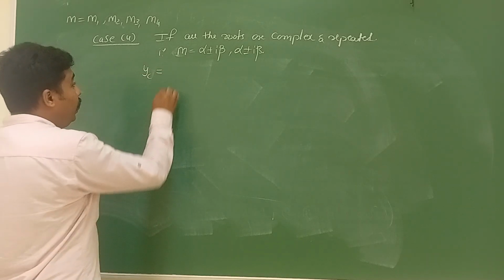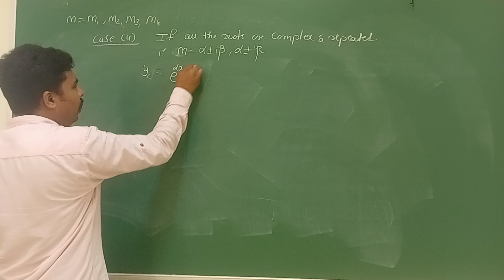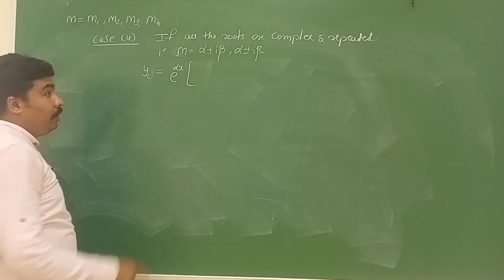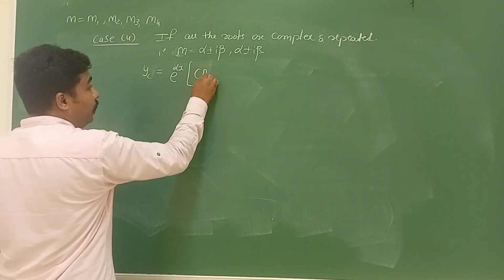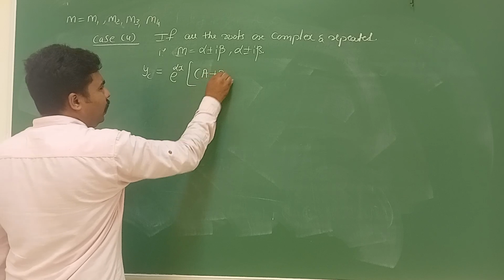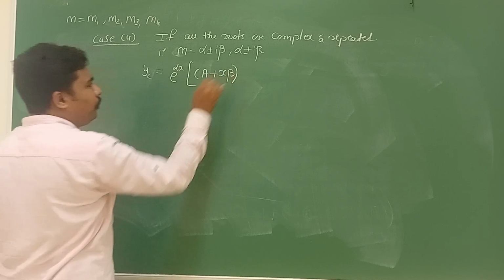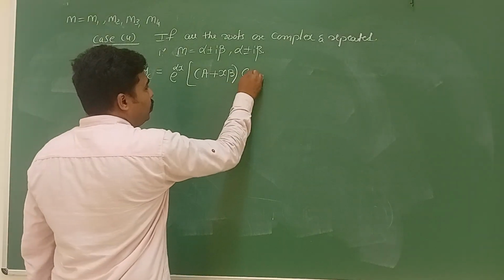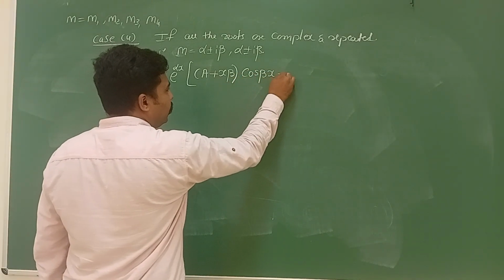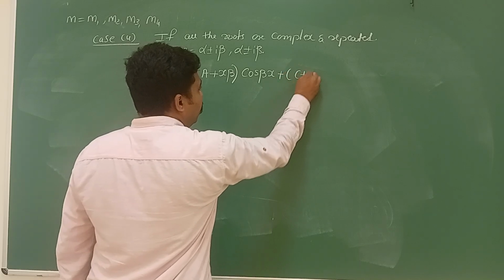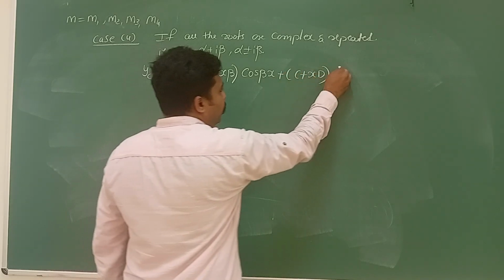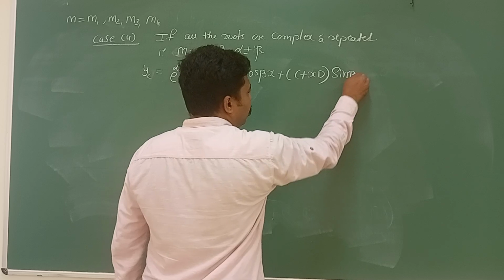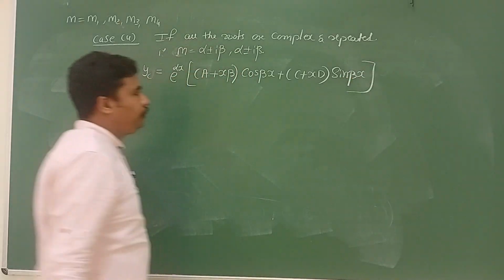The complementary function will be e power alpha x, a plus x into b, cos beta x plus c plus x into d, sin beta x.